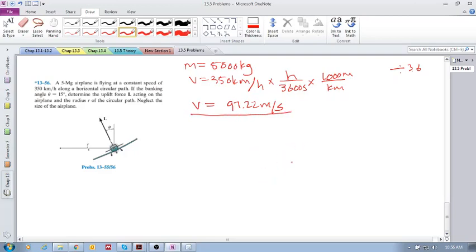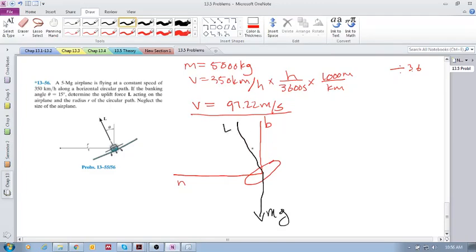Now we want to draw our free body diagram. We know that that is our normal direction, that is our binormal direction, and we have mg acting down, and we've got this lift force L acting at 15 degrees.